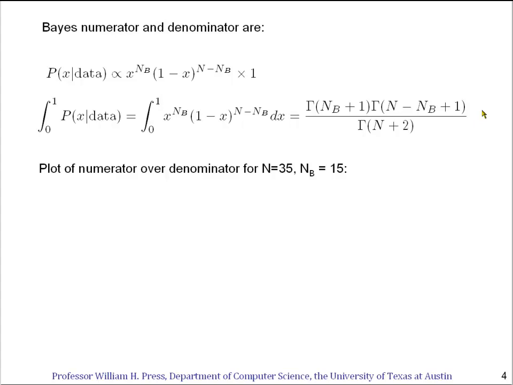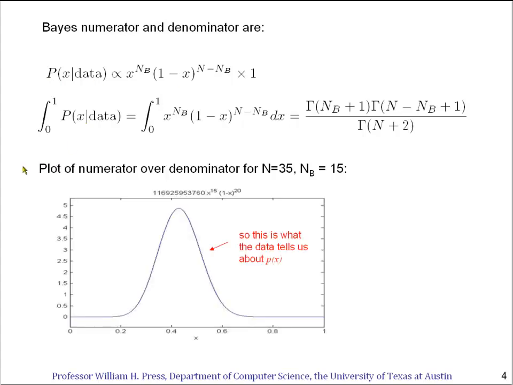In any case, these are known functions, and we can plot now this probability of the data given x divided by the Bayes denominator and get the actual probability distribution of the parameter x. And here it is. This is our complete set of information given that set of 35 B's and C's on what are possible values of x.